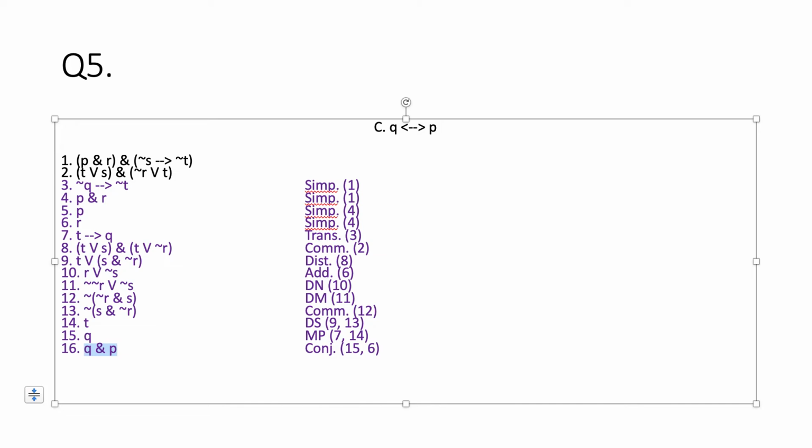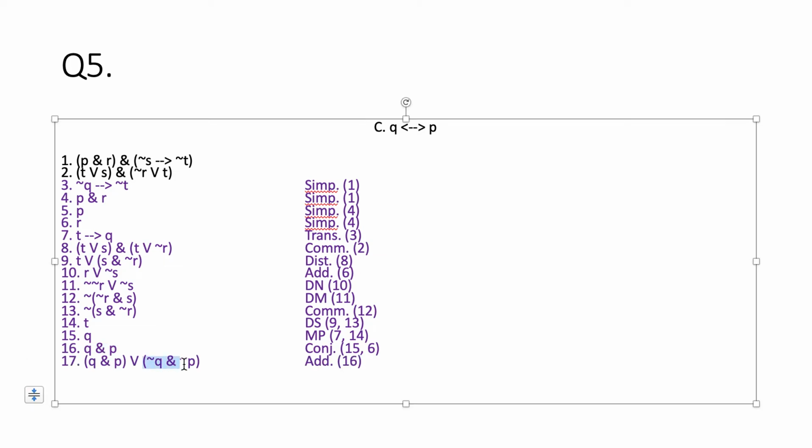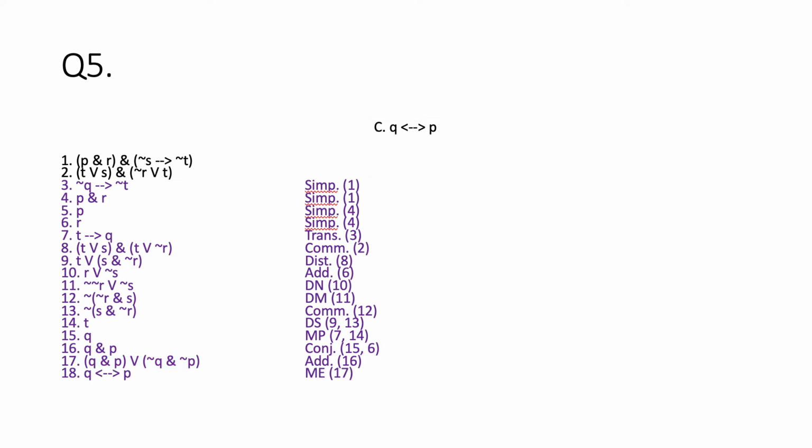So I'm going to add to this the other conjunction that I mentioned before. So I'm going to add to this the conjunction of not P and not Q. And now I can turn this into a biconditional via material equivalence. Q if and only if P. Material equivalence on 17, and that's my conclusion.